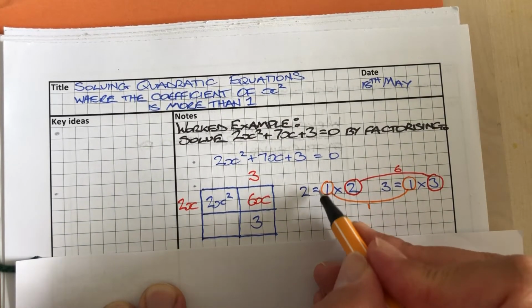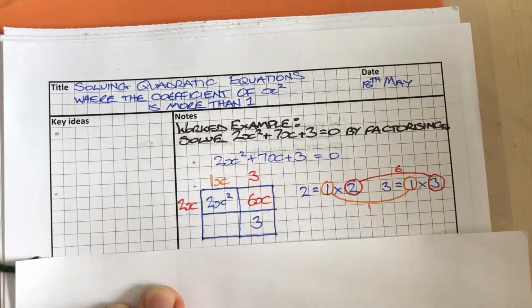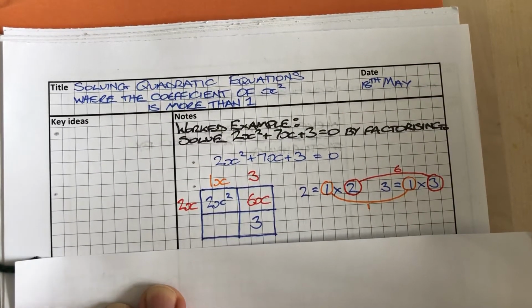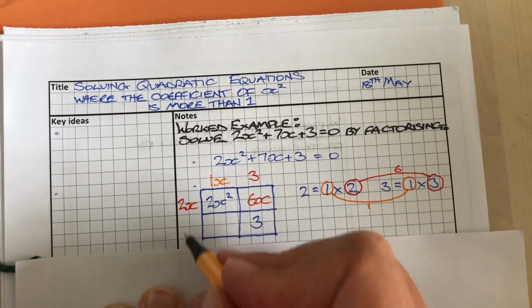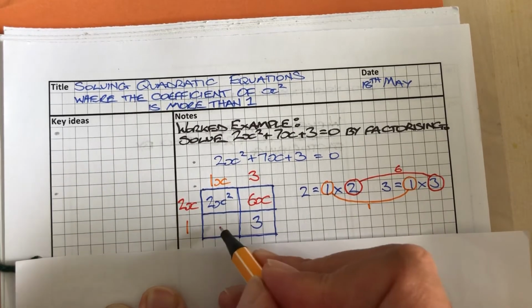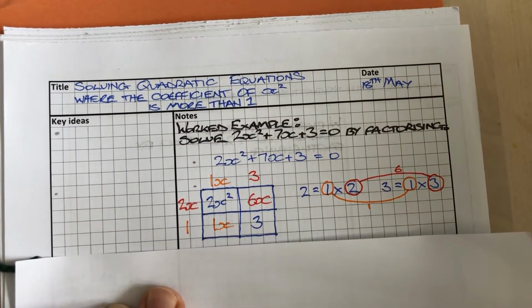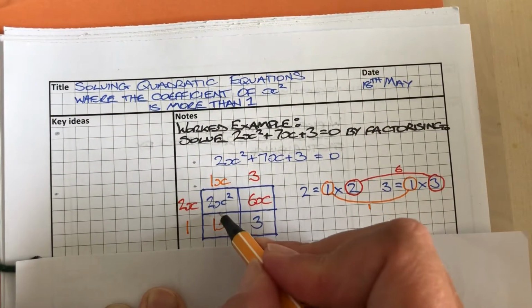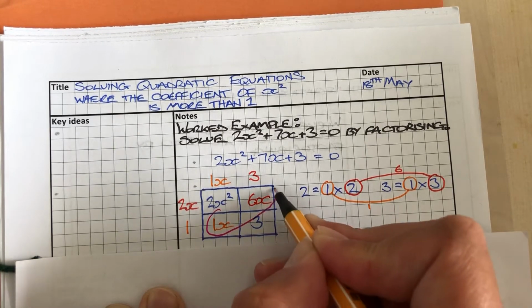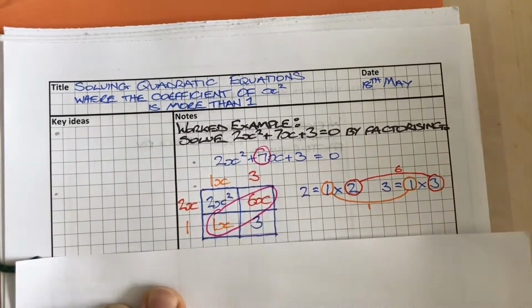And this is 1x. I'm going to write 1x, you can just write x. I'm going to write 1x just to make the point. It needs to be multiplied by 1. So I'm going to put 1 here and get 1 times 1x is 1x. And then you can see that these two squares, the 1x and the 6x, add together to make the 7x there.